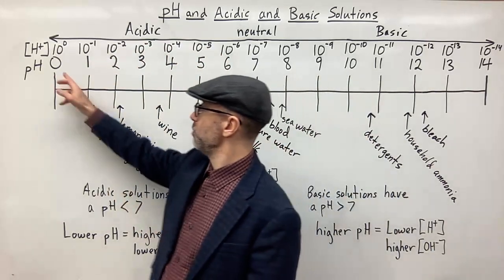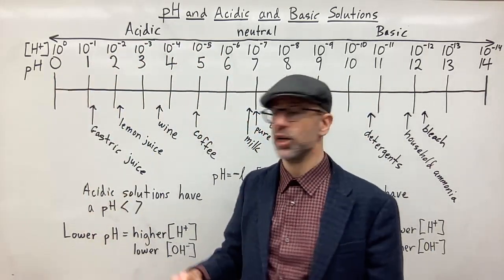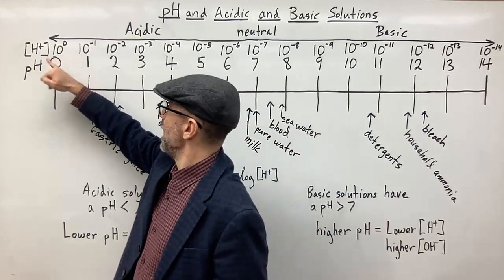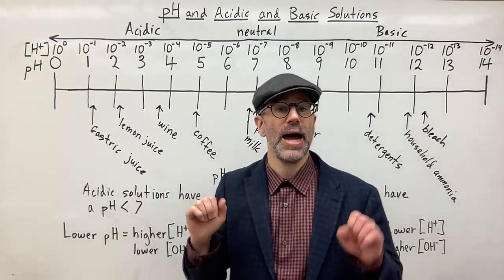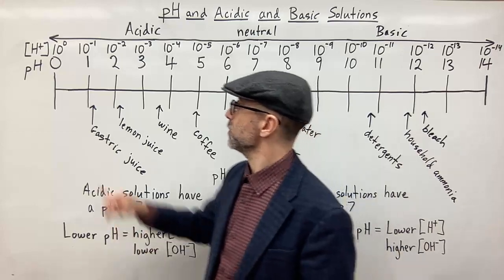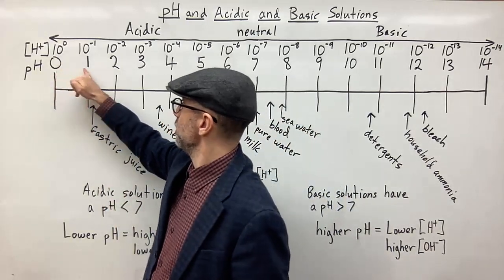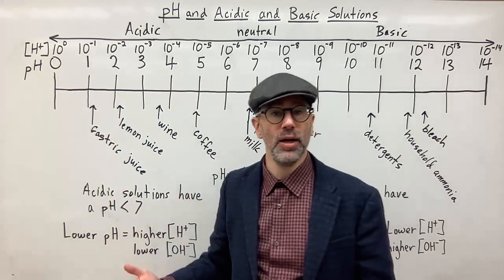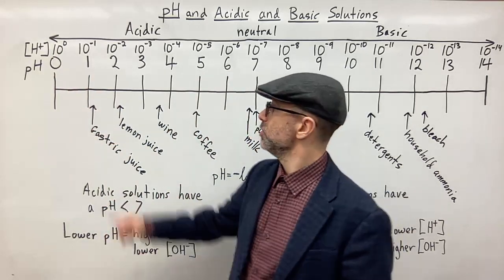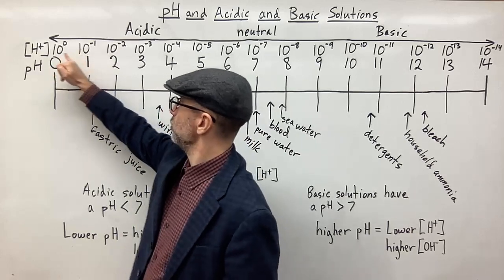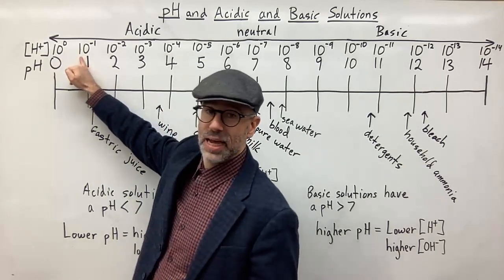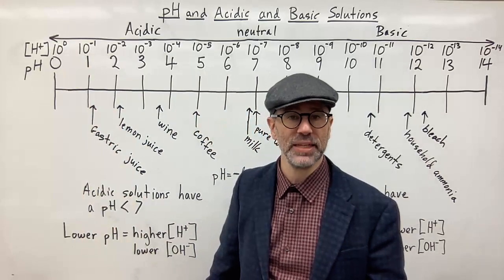But notice the number of the pH related to the concentration. As the concentration of H plus decreases by tenfold, the pH is increasing by 1. So if I go from 0 to 1, then I'm decreasing by tenfold, from 1 to 1/10. I said decreasing by tenfold, not increasing.